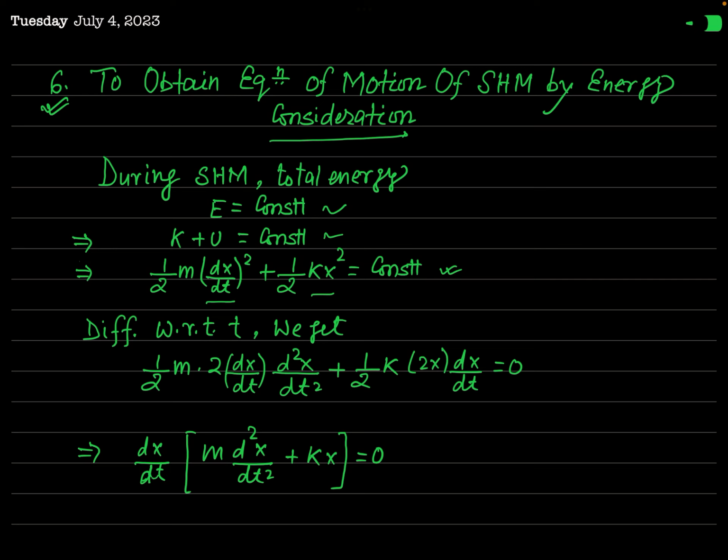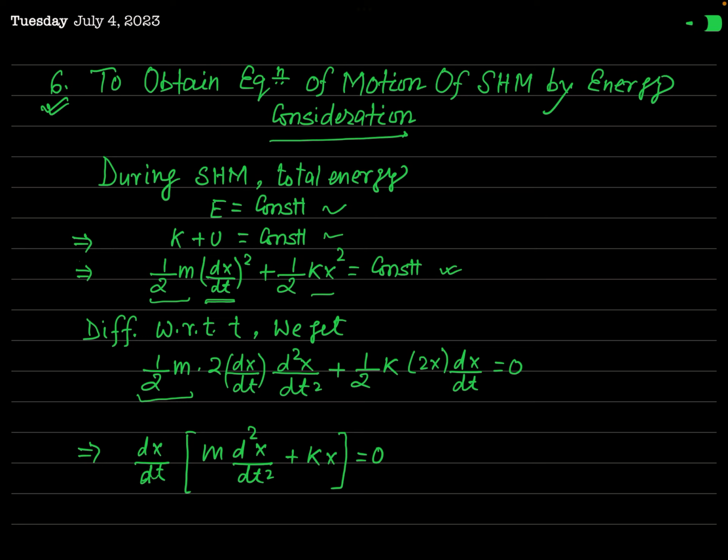Now we will differentiate this equation with respect to t to get the equation of motion of simple harmonic motion. And you can easily differentiate it. Since half m is a constant factor, during differentiation it will stay outside of the operator, and we will have to differentiate dx by dt whole square. This is just a function of a function.